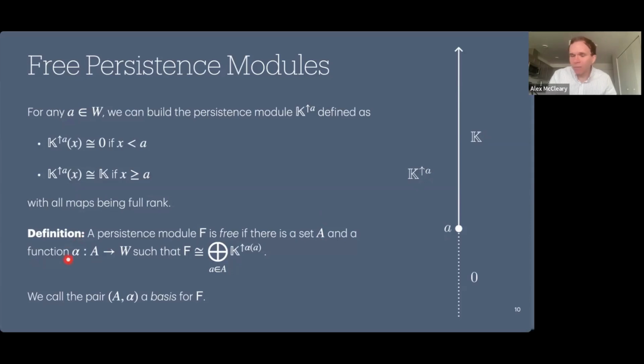And then this function alpha is telling us where each basis vector first appears. And so we call the pair A comma alpha a basis for the free persistence module F.